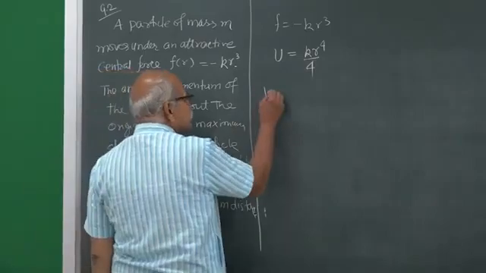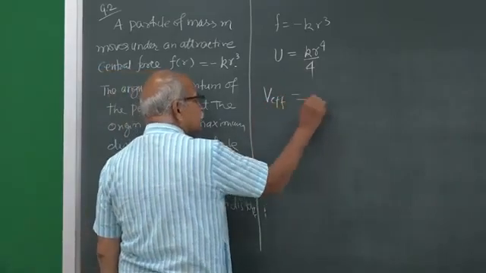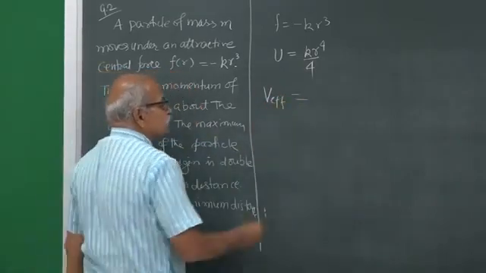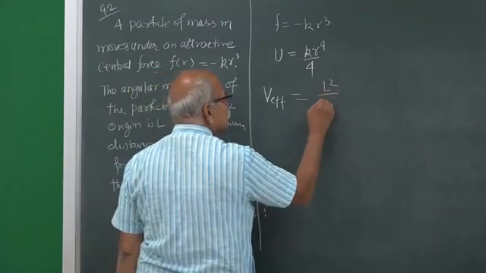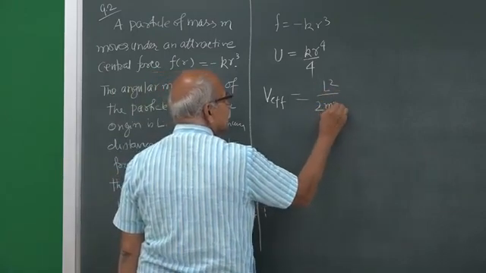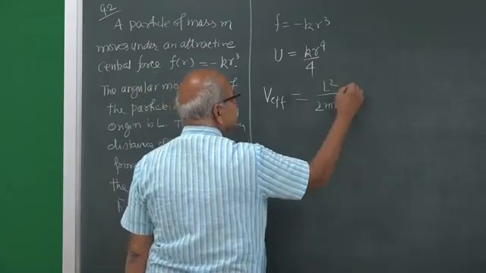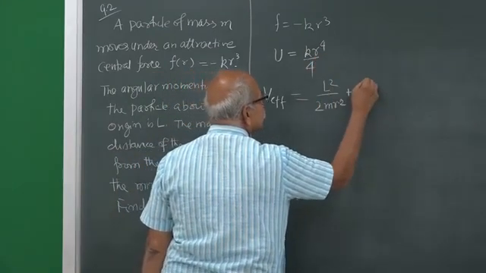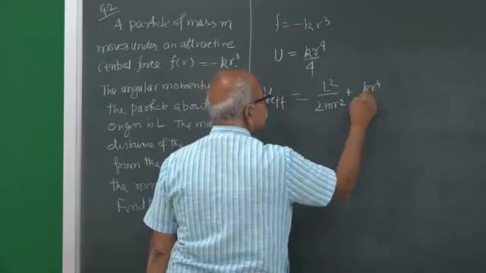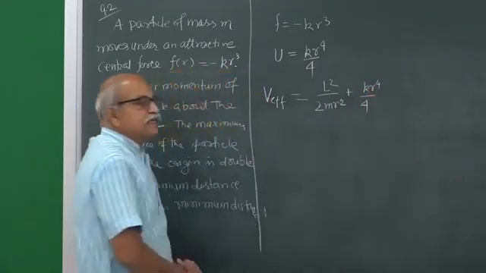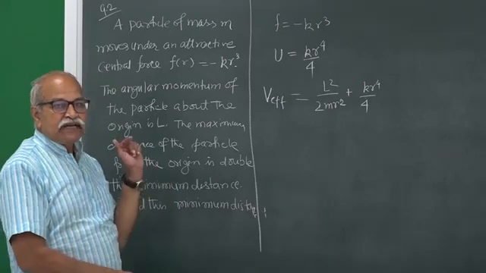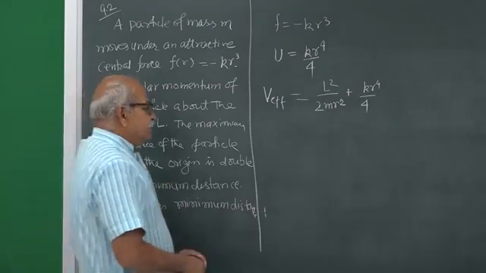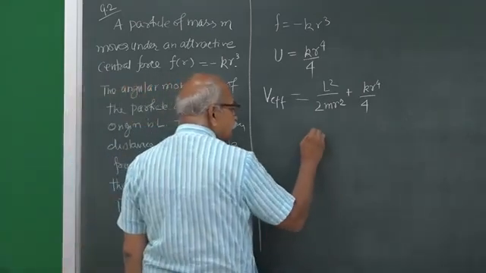What is V effective? We have used this terminology. V effective is L square by 2 m r square, and then the actual potential energy, which is plus k r to the power 4 by 4. This is the effective potential energy. And if we draw it, how will it look?